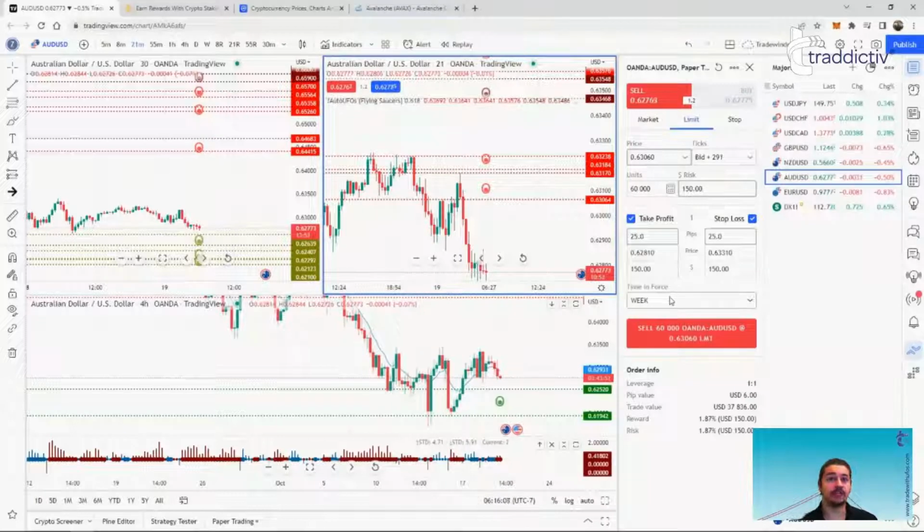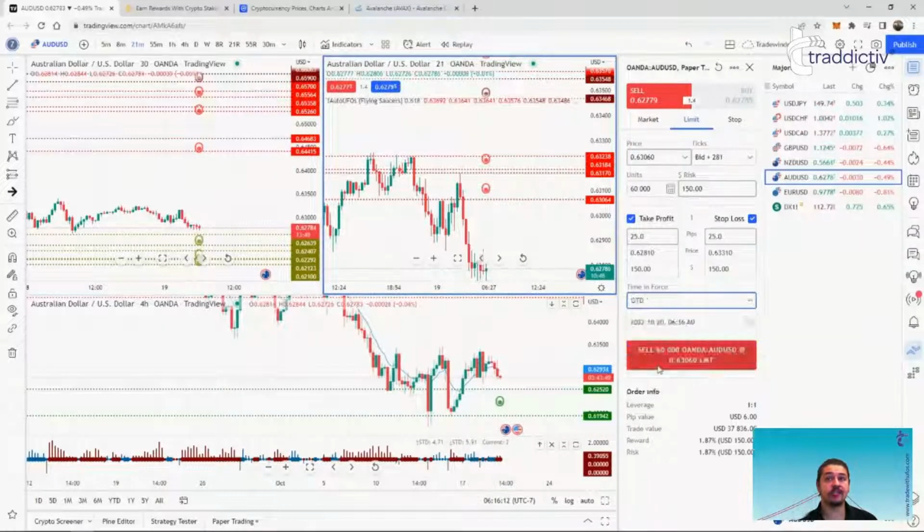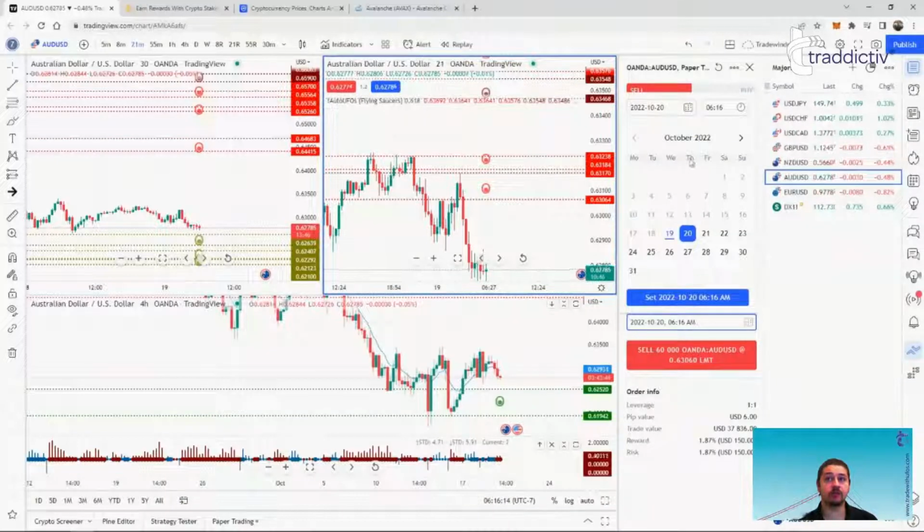Now, last thing that I do want to put in here would be time in force. We said we got about 20 hours for this trade to work. So if we want to just round it up, it's 6:16 right now, my time.